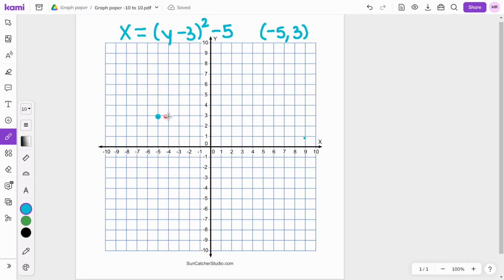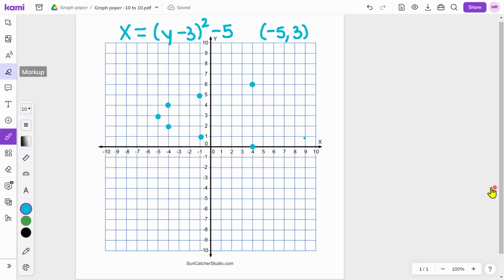But I'm not going to be going out 1 and squaring. I'm going to be going up 1. 1 squared is 1. I'm going to go out 1. Same here. Go up 2. 2 squared is 4. So I'm going to go out 1, 2, 3, 4. Okay. Go up 1, 2, 3. 3 squared is 9. So that's going to be 5, 6, 7, 8, 9.